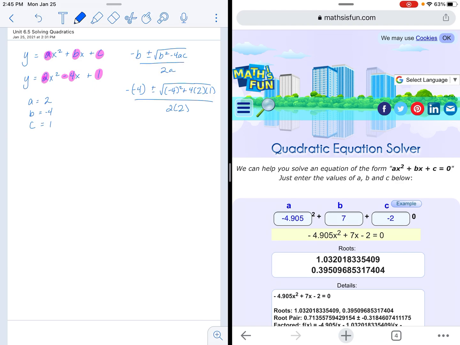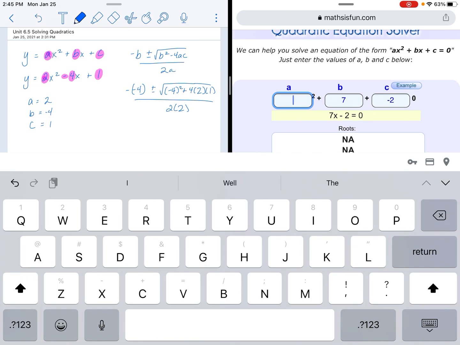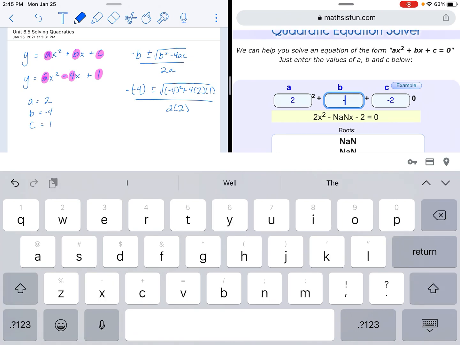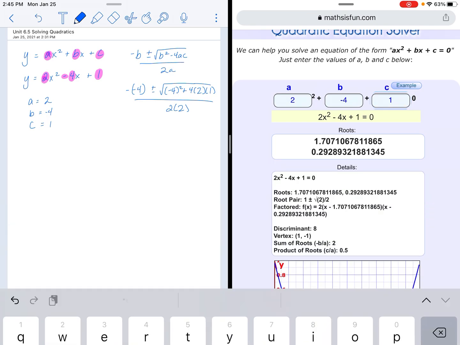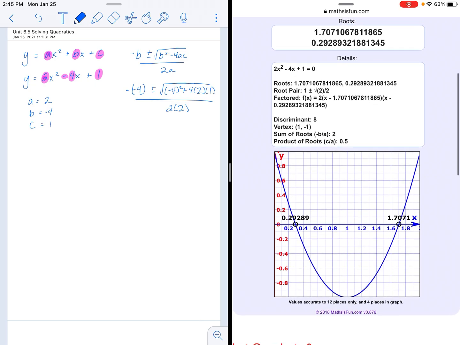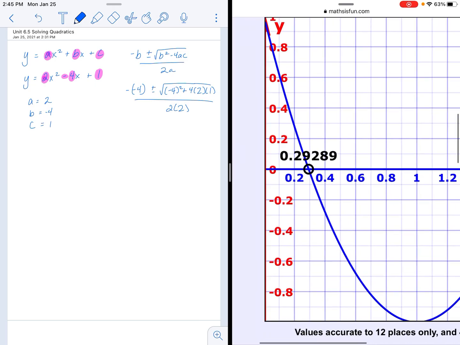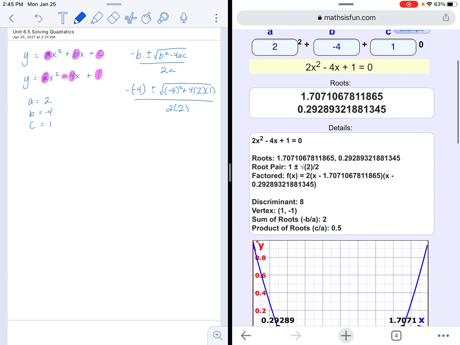This is at mathisfun.com, and I'll post the link in this section. And so what I would do to solve this is I would put in 2 for A, negative 4 for B, and 1 for C. Now this is really nice. It graphs the parabola for me down below, and then it shows me where it crosses the x-axis, and those are my two solutions.